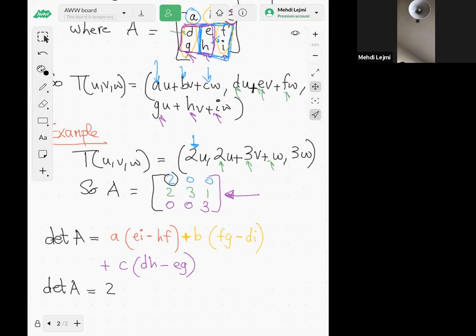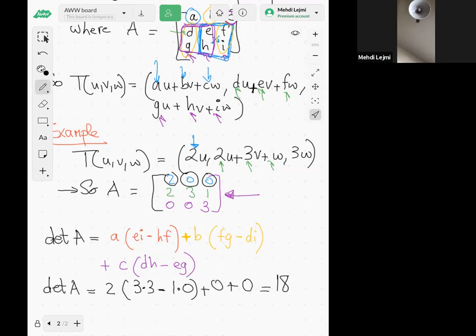E and I are both equal to 3, so it's 3 times 3 minus 1 times 0. Then plus B, and B is 0, so 0 times whatever is just 0. Plus C, and C is also 0, so again 0. In this numerical example, the determinant of A is equal to 18.